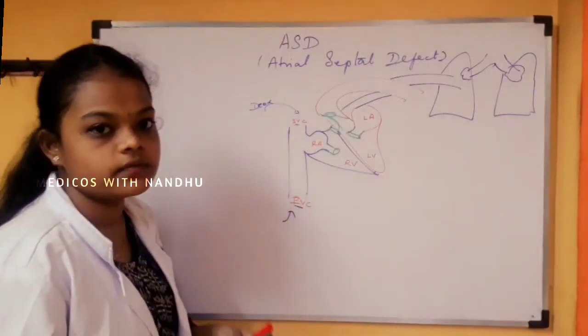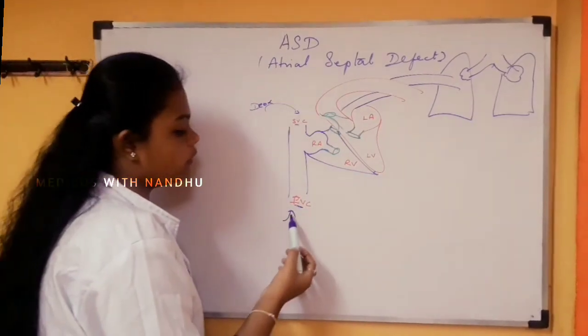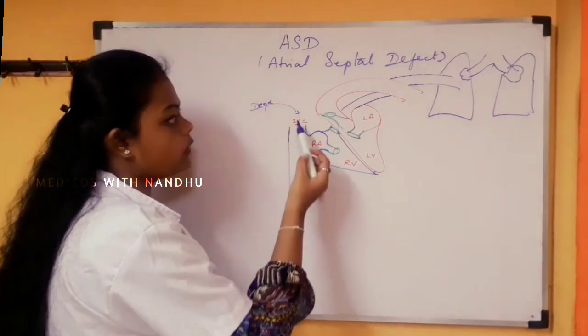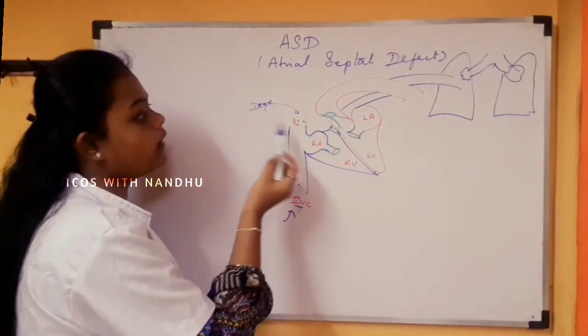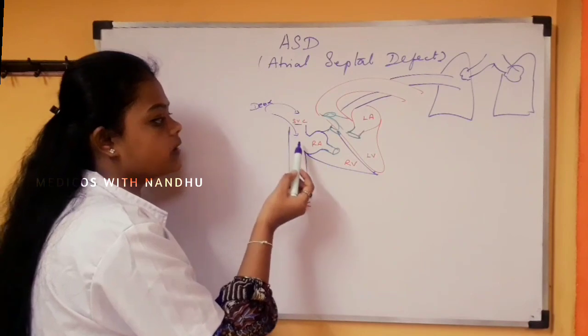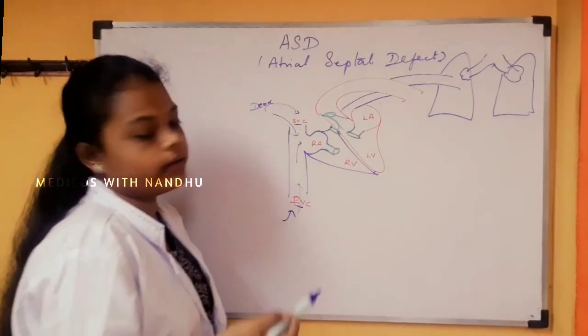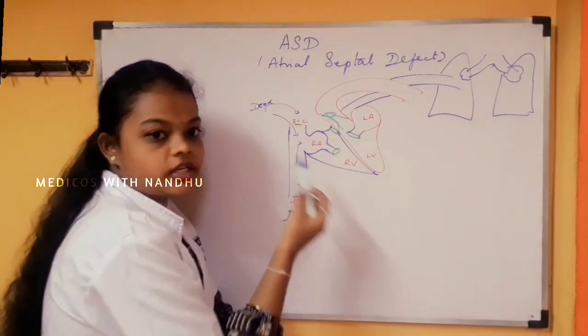So directly these two deoxygenated blood streams will be coming to the right atrium.